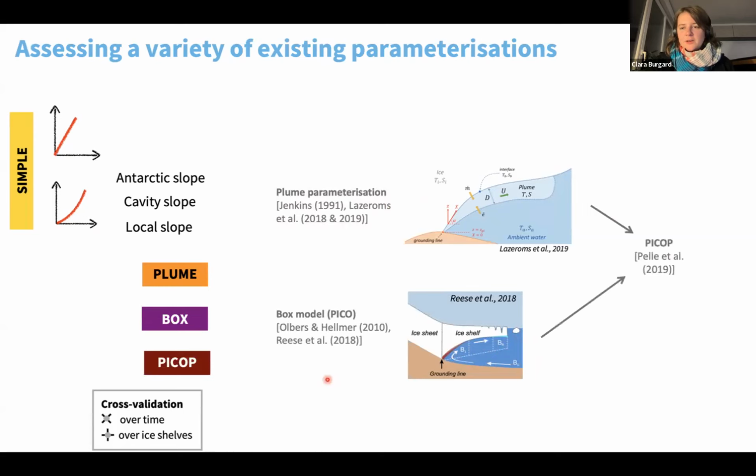And then we look at PICOP, which is a combination between the plume and the PICO model. So in the paper, for those who have already seen it, there are a lot of dots. We tested a lot of variations also for the plume, box and PICOP. Here I will only show 1 point. This is just to make it a bit easier for the presentation, and the main conclusion remained the same.